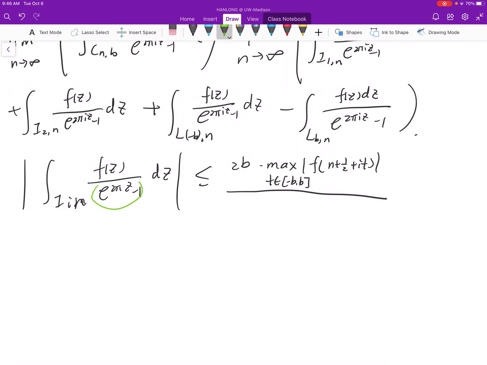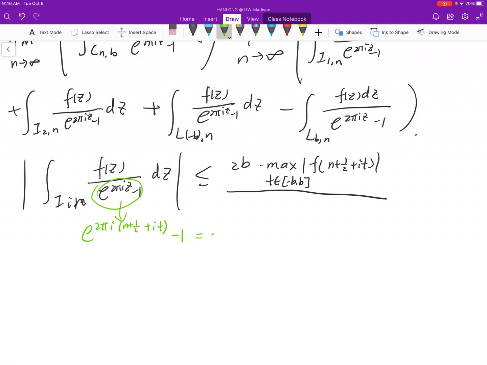And then in the denominator, look at this one. This is exponential 2 pi i times (m plus 1/2 plus it) minus 1.